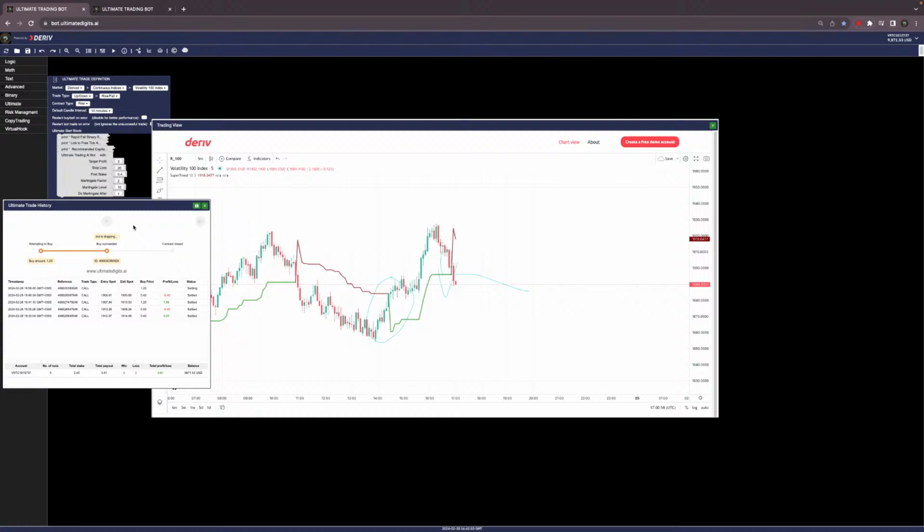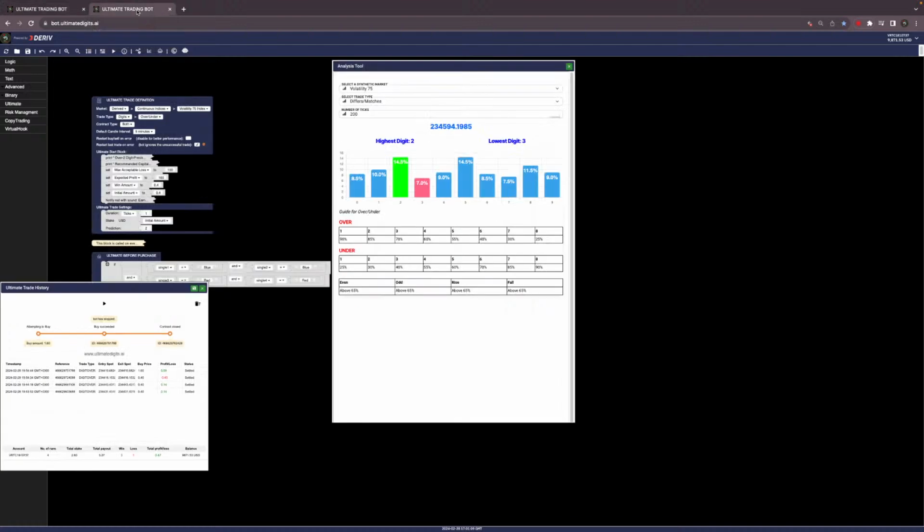So yeah, that's how you can combine technical analysis with auto trading with binary bots. And also technical analysis can also be done on digit bots. You just have to know when the tick analyzer gives you a signal.